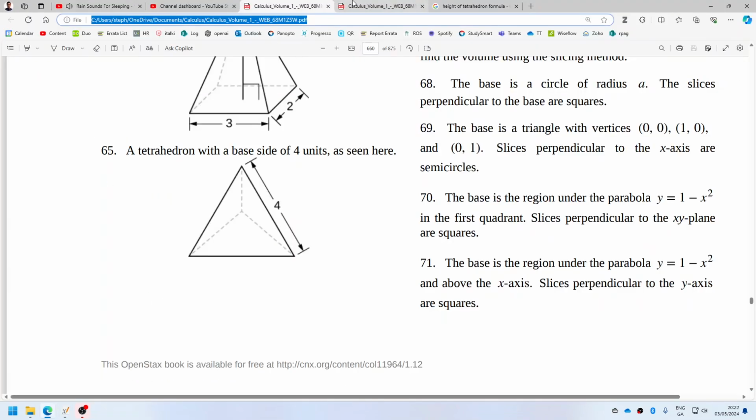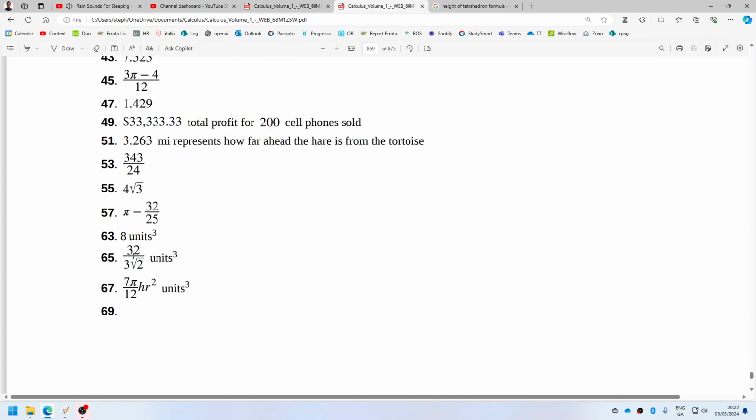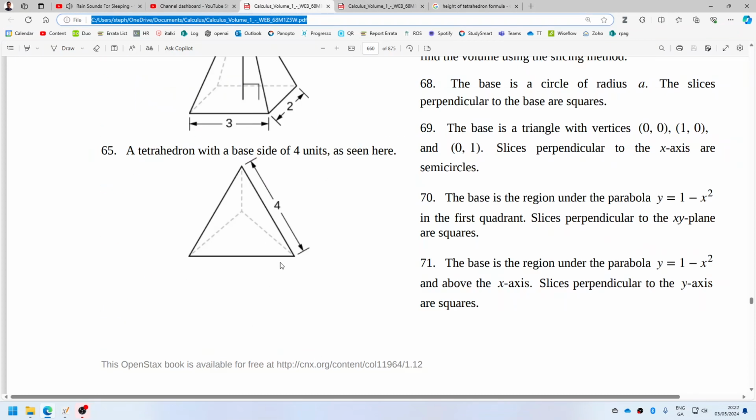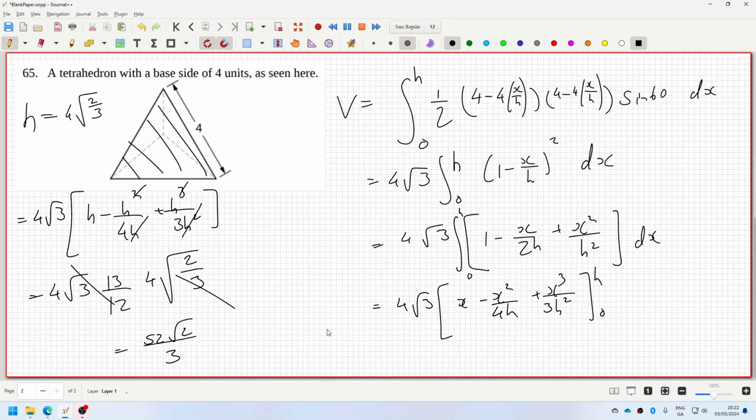Oh, let us see. 32 over 3 root 2. That doesn't look right. That's 16 root 2. Yeah, I'm off a little bit here.